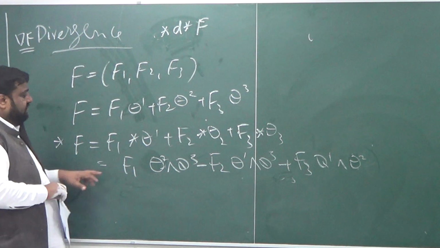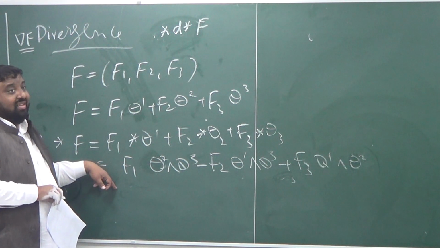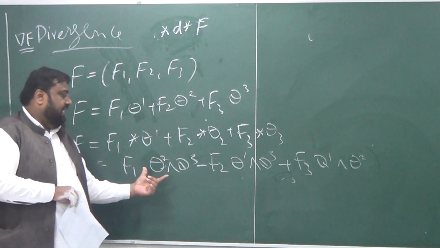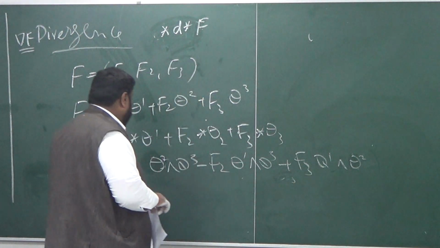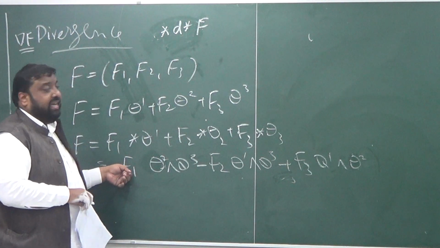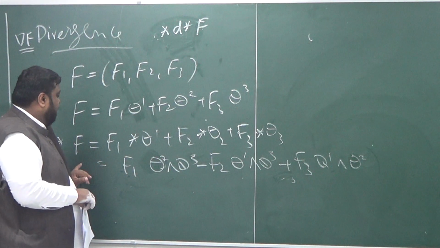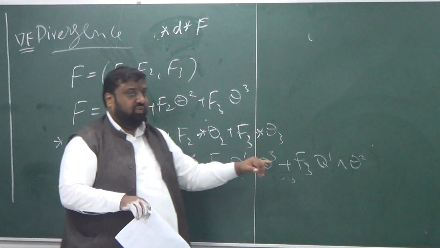Okay, so I can't write partial F1 by partial theta 1 because theta is a co-frame. So I have to first express these in terms of the coordinates. And these Fi's depend on the Ui's actually. So if I want to operate D on them, then first I need to express everything in terms of U.